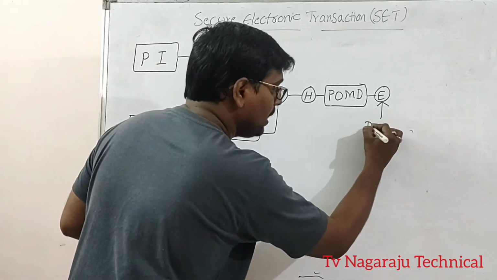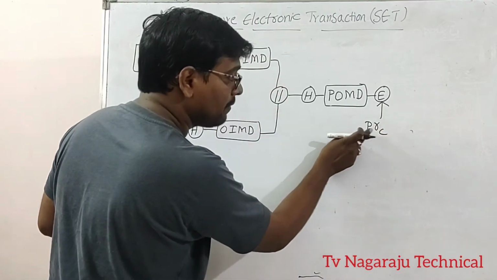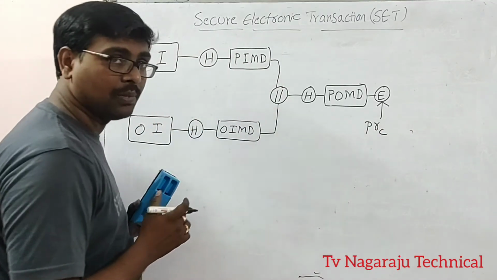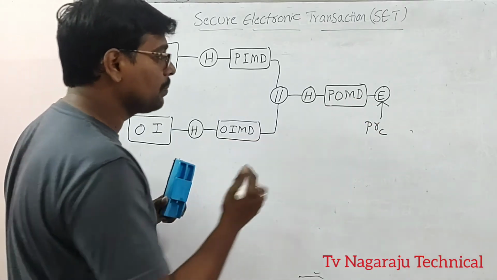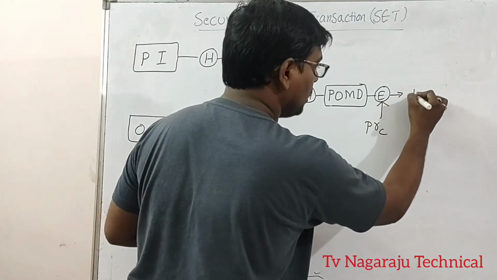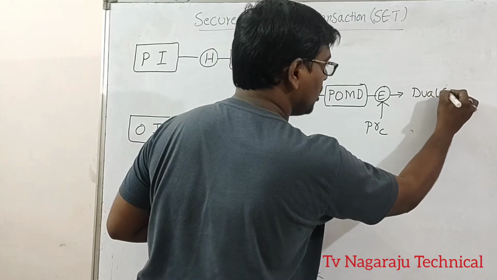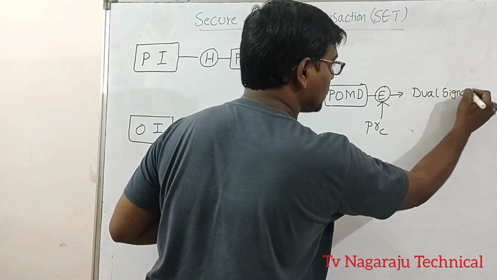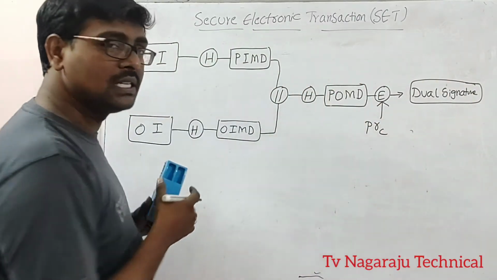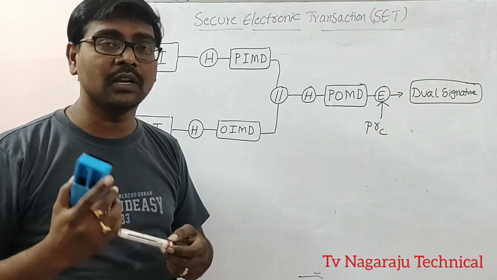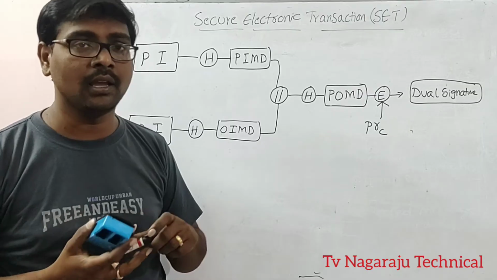So, PRC, the private key of the customer. After performing the encryption with the private key of the customer, it generates the dual signature. Okay. Now this dual signature is used for checking the integrity.